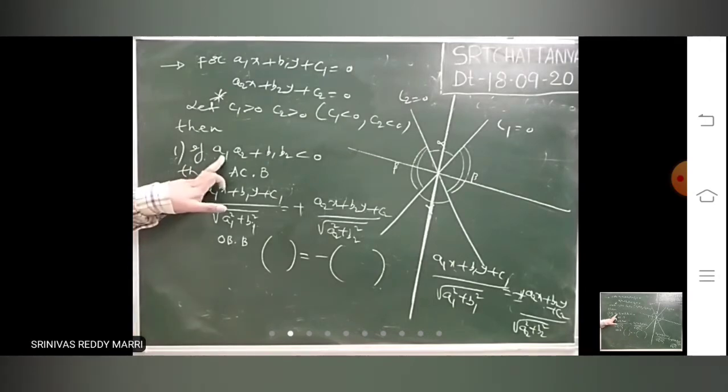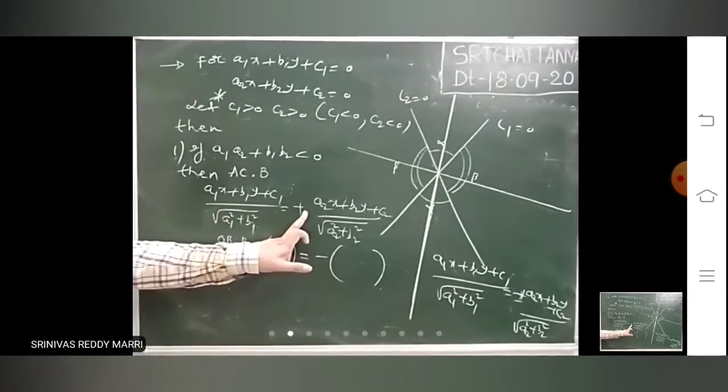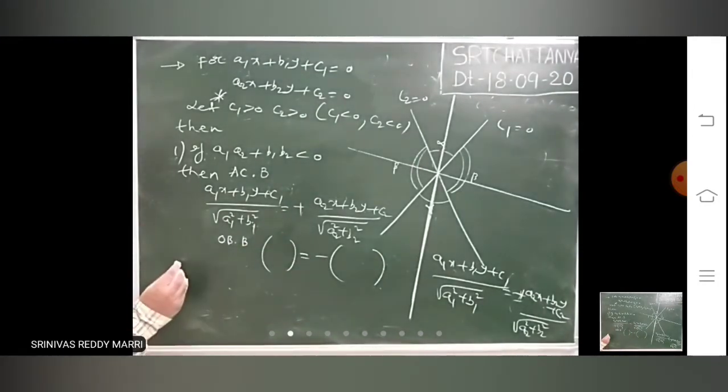Right? If a1 a2 plus b1 b2 less than 0, then plus 1 is acute angle bisector and minus 1 is obtuse angle bisector.